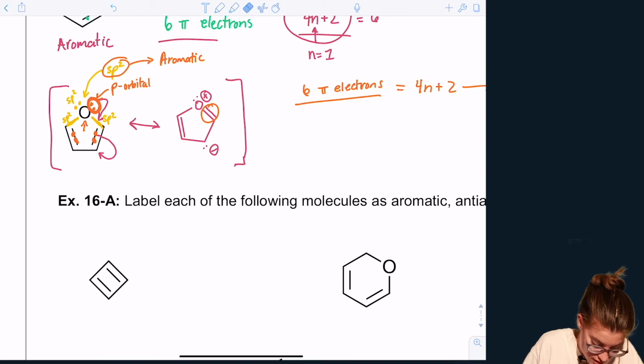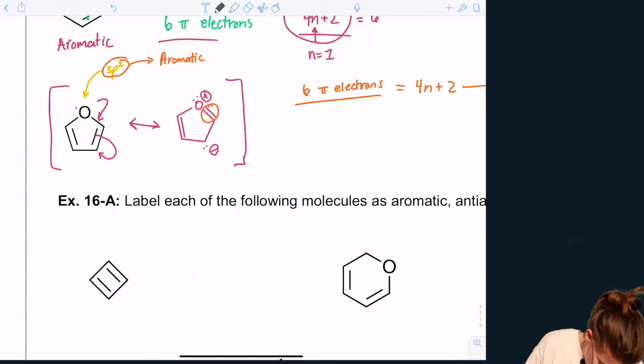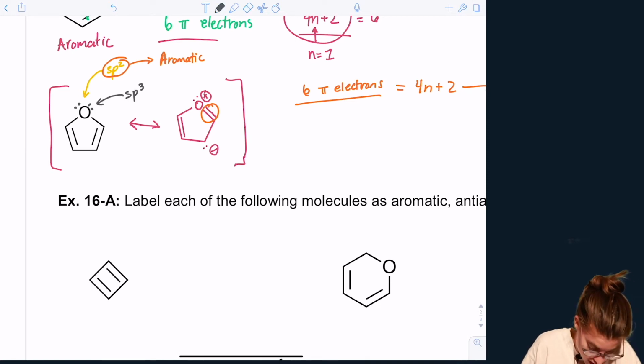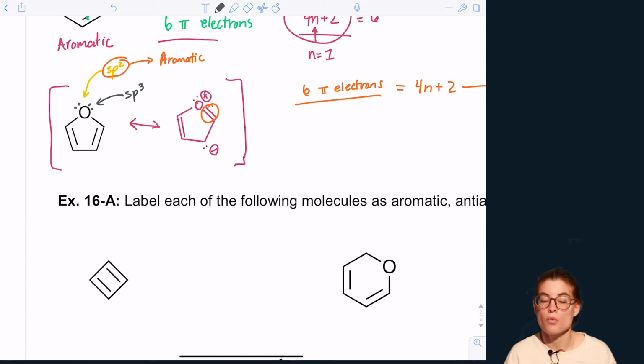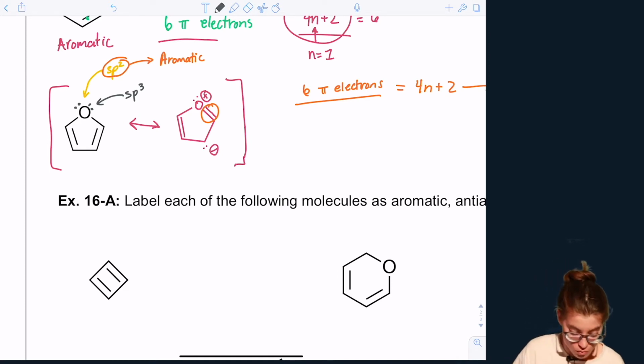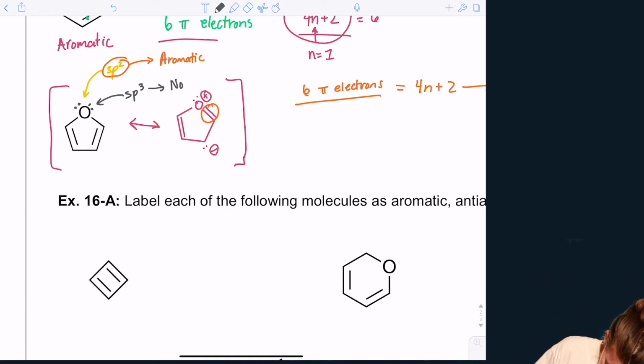What happens if the oxygen stays, as we usually expect it to, sp3 hybridized? Let's look at what happens then. So if this oxygen is sp3 hybridized, then what is the molecule? Well, automatically the molecule will be non-aromatic. How did I know that?